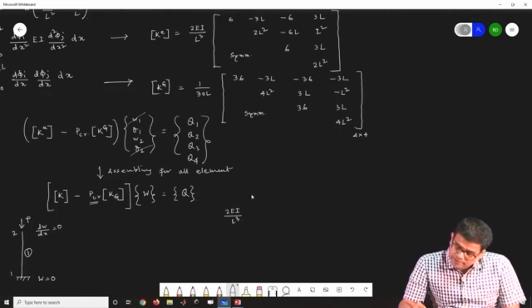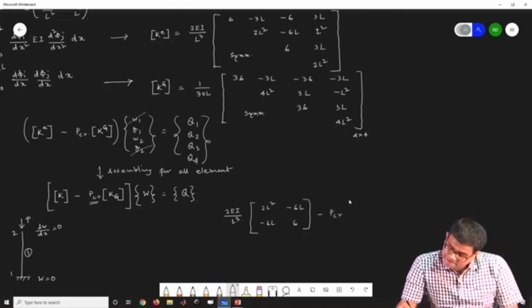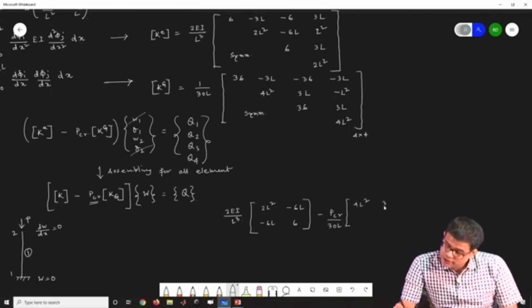Now the matrices will be 2L squared, minus 6L, minus 6L, 6, minus PCR, and then you will have PCR by 30L into 4L squared, 3L, 36.